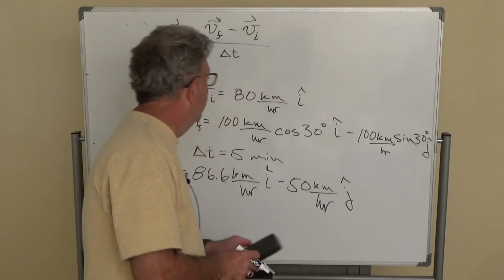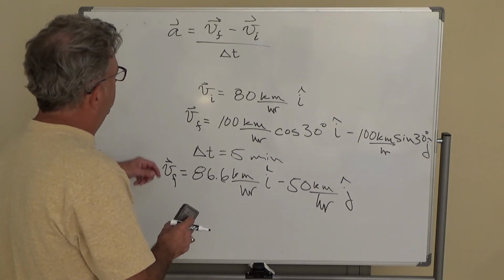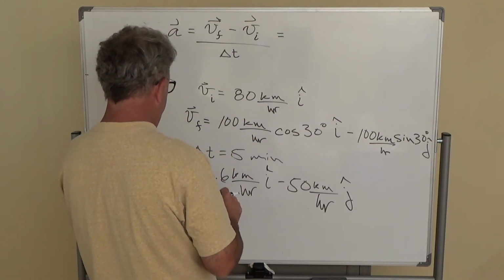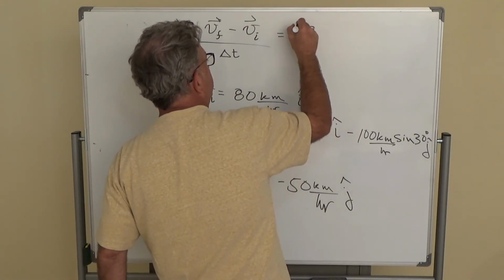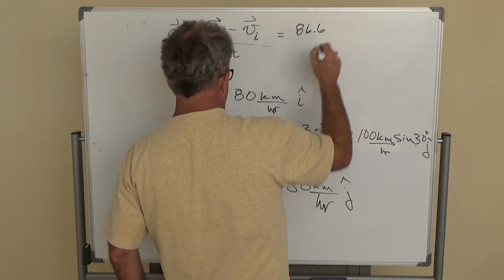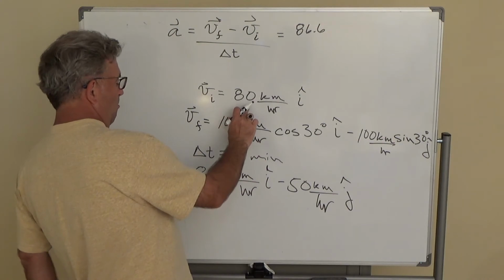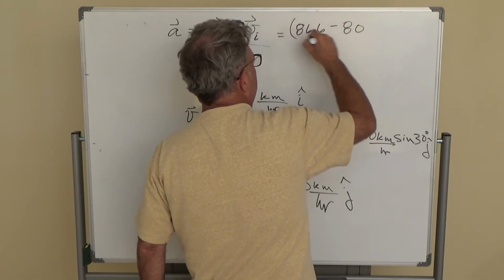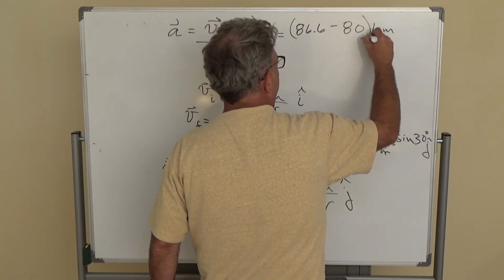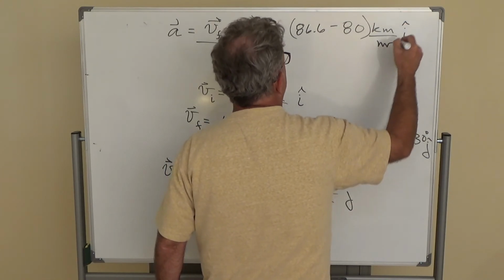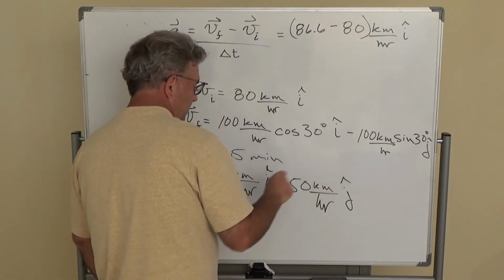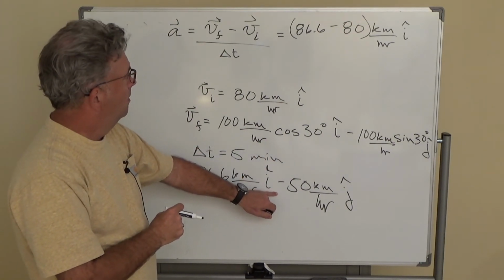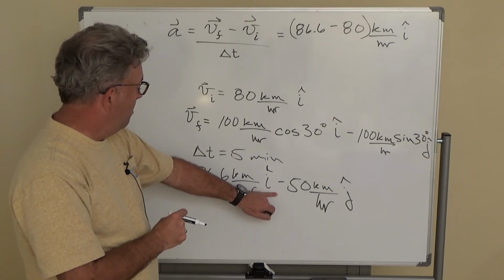So now we need V final minus V initial. So this is equal to 86.6 minus 80 kilometers per hour I hat, minus, okay, V final minus V initial.